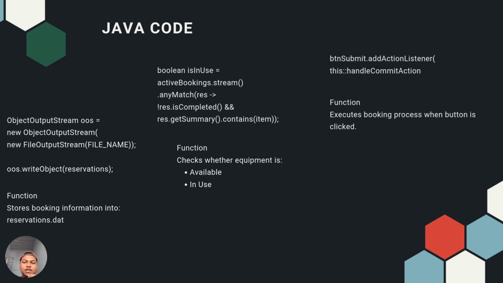Function coding number three stores booking information into reservation data. Next, function coding number four checks whether equipment is available or in use. The last function coding executes the booking process when the button is clicked.